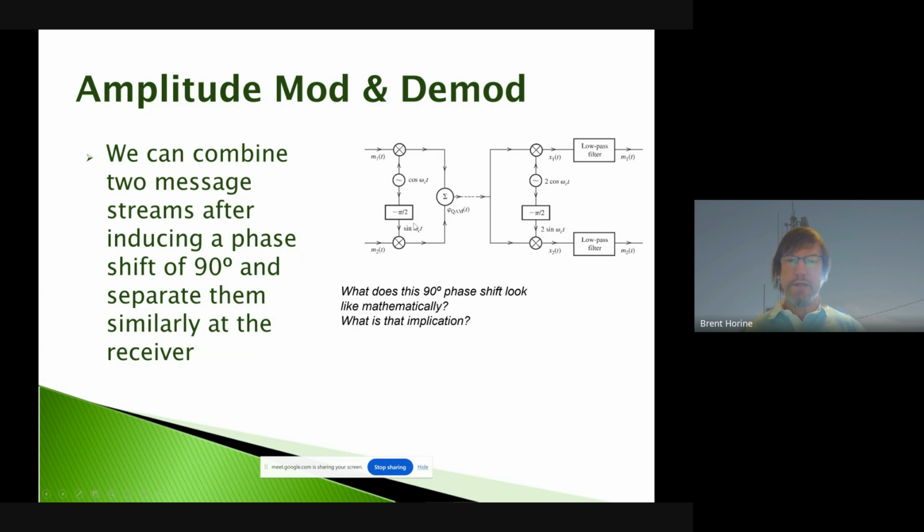And well, we know that if you add or subtract pi over 2 in the argument of cosine, you'll get a sine, right? And so now here we're multiplying by a cosine, here we're multiplying by a sine, right? And that's reminiscent of Euler's formula of a complex exponential where we have cosine plus j sine, right? So here we have this I branch and a Q branch, and we sum those together.